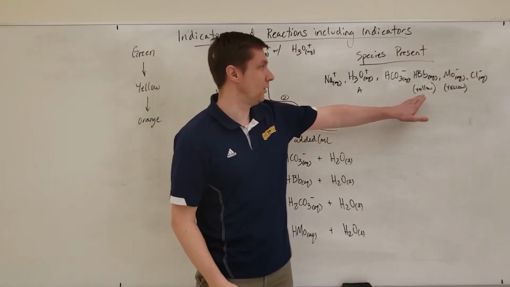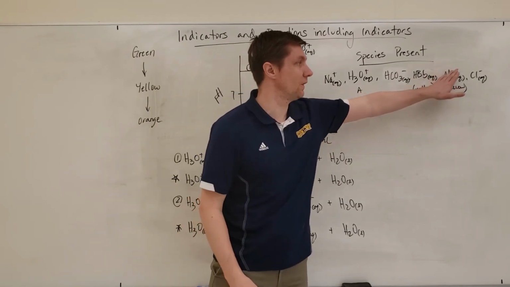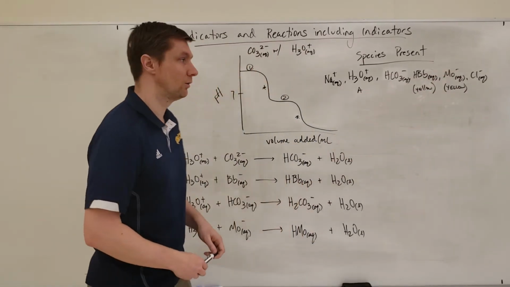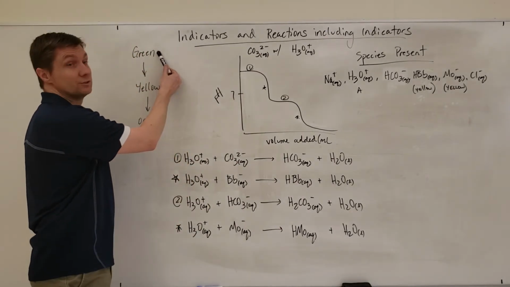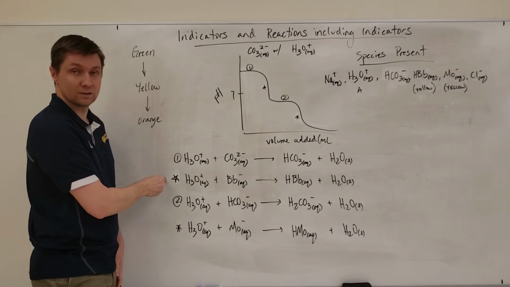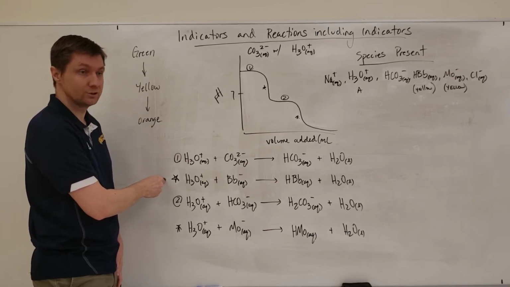So I've got HBb in the solution with MO- in the solution. Yellow plus yellow just gives me more yellow. And that's why we saw this change from green to yellow, because we observed this reaction happening to completion.